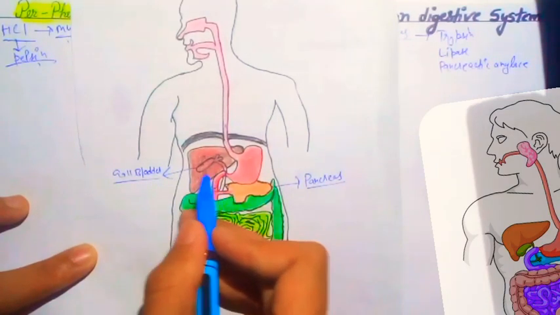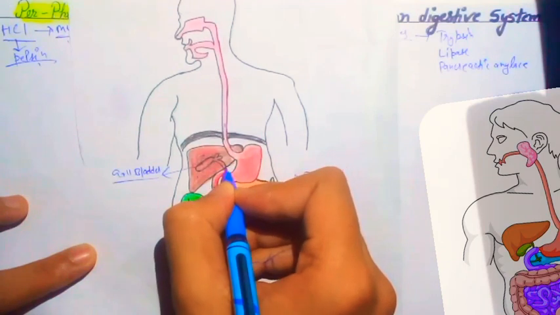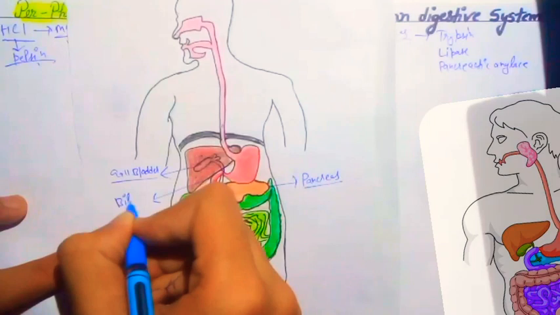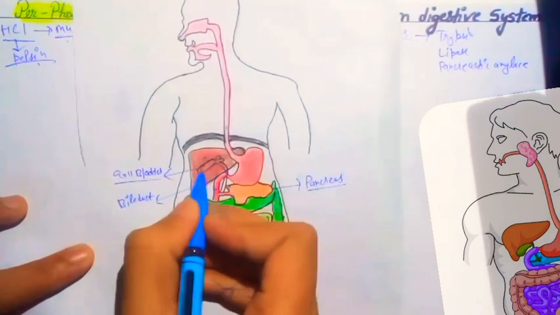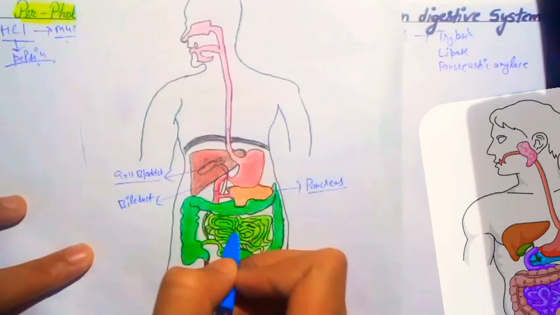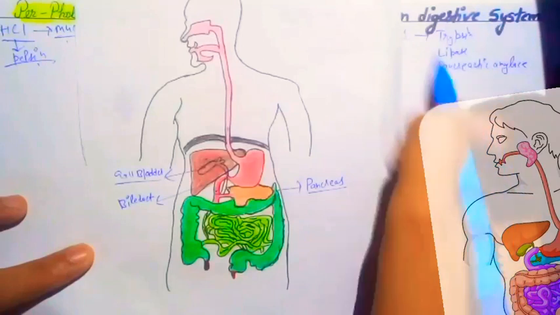So from there is a bile duct. From this bile duct, the bile juice reaches our small intestine and provides alkaline medium to these all three enzymes.